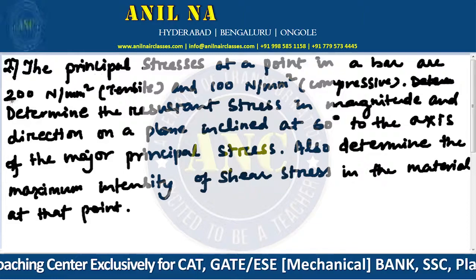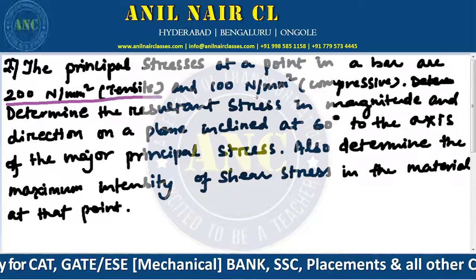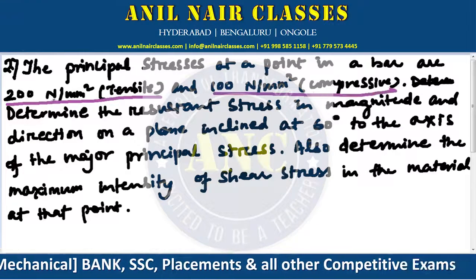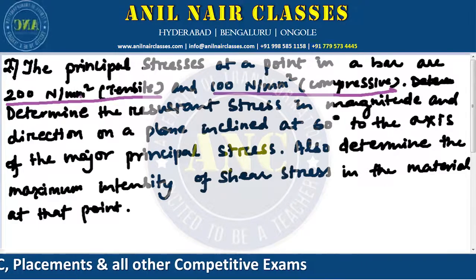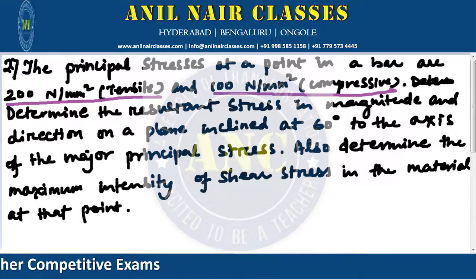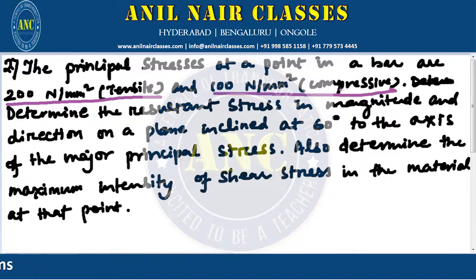So here what is given is the principal stresses at a point: 200 Newton per mm square tensile and 100 compressive. That is in the x-axis it is 200, and in the y-axis it is 100, but that is compressive.